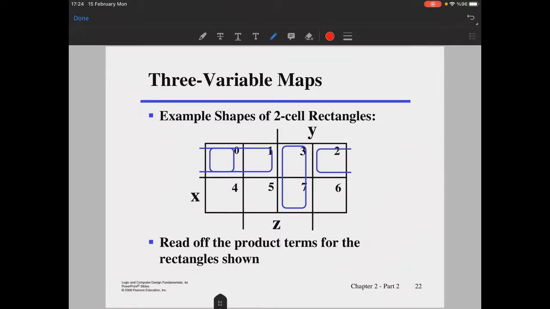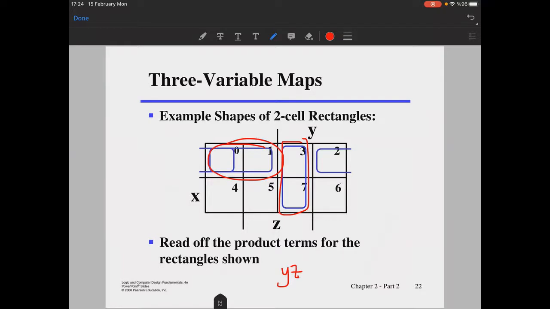Now let's read off the terms for the rectangles shown here. Let's take a look at them. Okay, this one, for example, is y, z. And how about this one?